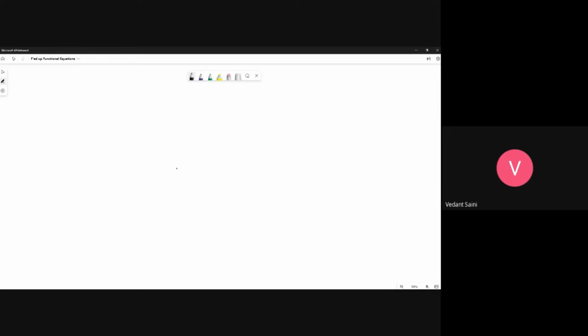So there are two types of functional equations we'll be dealing with: Z to Z, integers, N to N, and R to N. In Z to Z, you have relatively more structure.